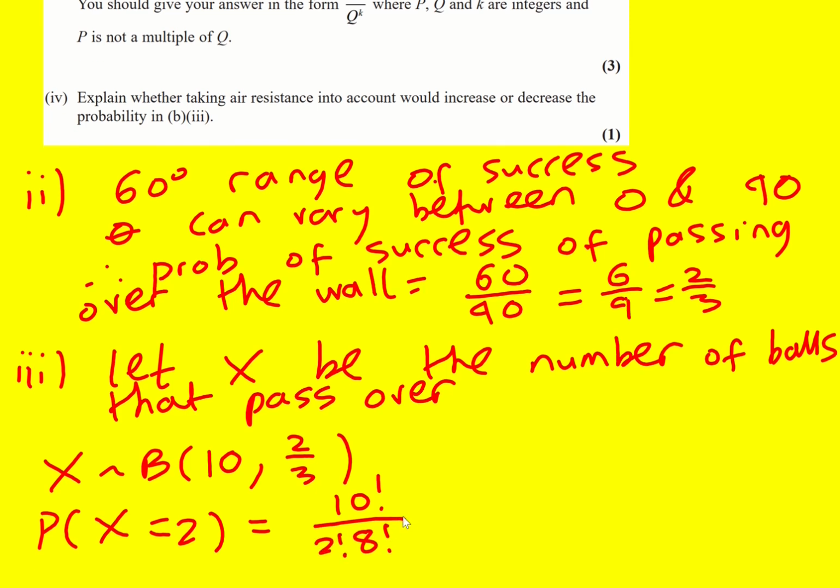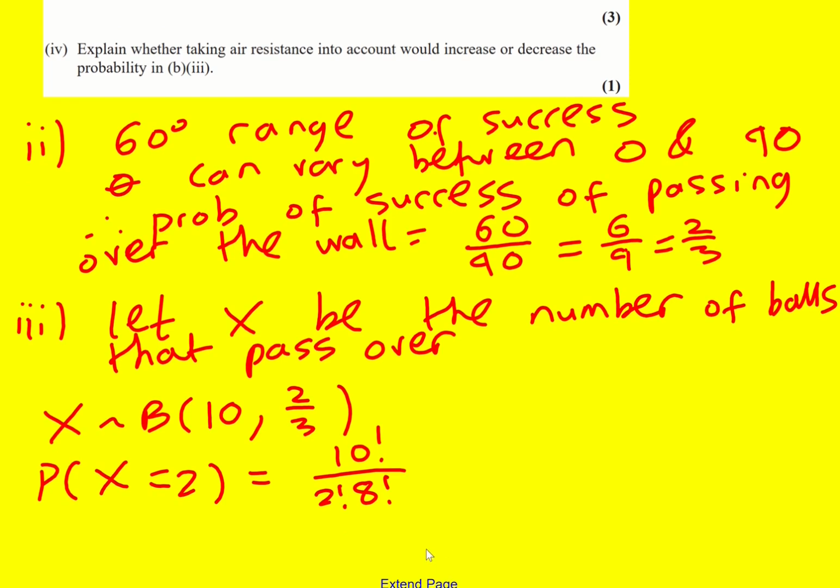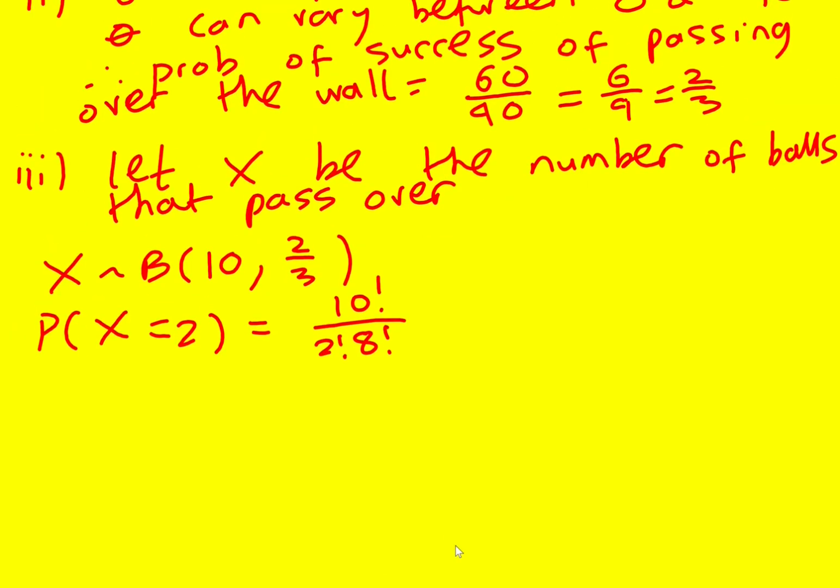Let me just talk a little bit about where that comes from. Hopefully you've gone in depth on the binomial distribution, but if not, here I am. So we've got 2 successes and 8 failures. And if you do a little bit of learning on arrangements, you find that there are 10 factorial ways of arranging 10 distinct objects, because there's 10 choices for the first, then 9 for the second, then 8 for the third, and so on.